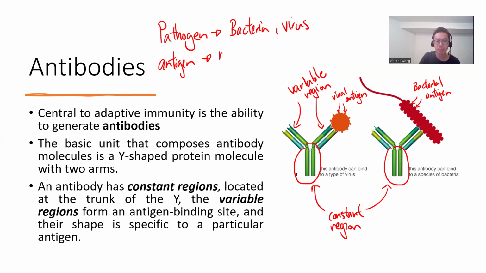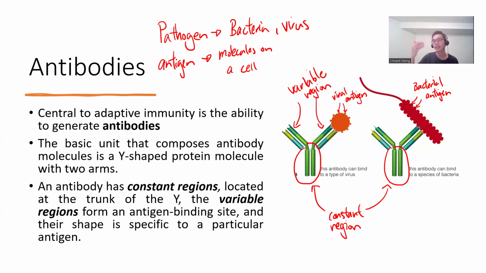Okay, so these are, again, molecules on a cell. It's on your cell, it's on my cell, it's on a bacterial cell, it's on a virus. Okay, well, a virus is not really a cell, but on the surface of the viral particle, you would have these antigens. And your adaptive immunity is able to make antibodies that would recognize these antigens.